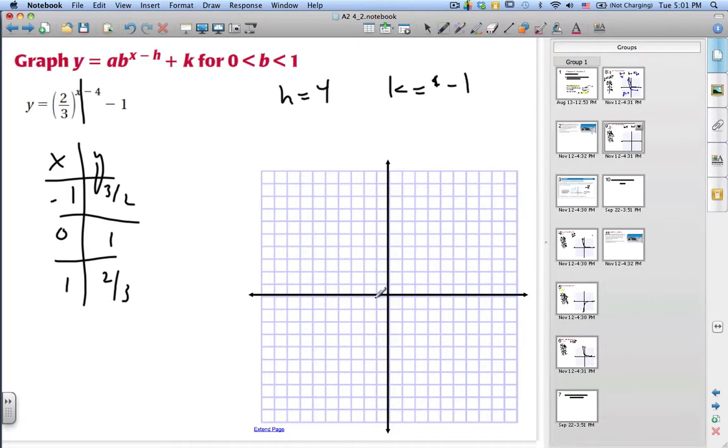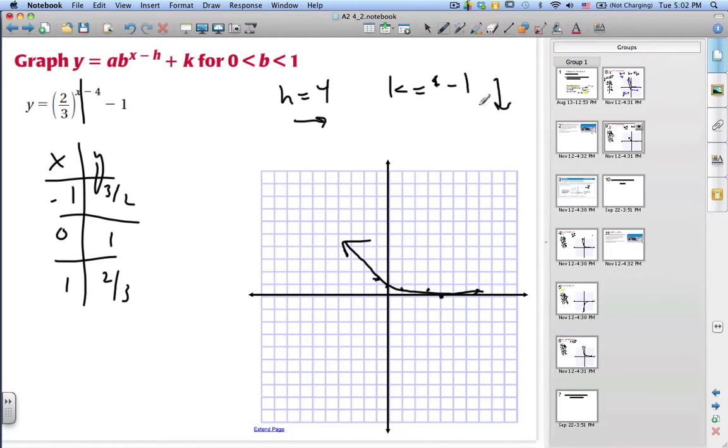I'm going to go ahead and graph that. This guy's very flat. Okay, and now I want to shift it right 4 and down 1. So I'm going to take each point right 1, 2, 3, 4, and down 1.